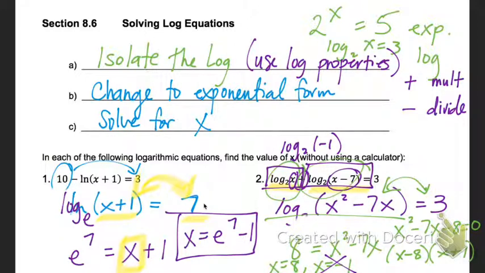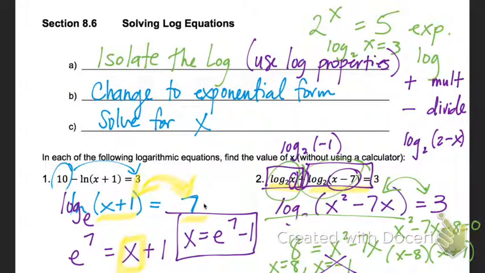No, because if I had log base 2 of -x and I put in a -1, it would work. You may not see -x, you may see something like 2 minus x.